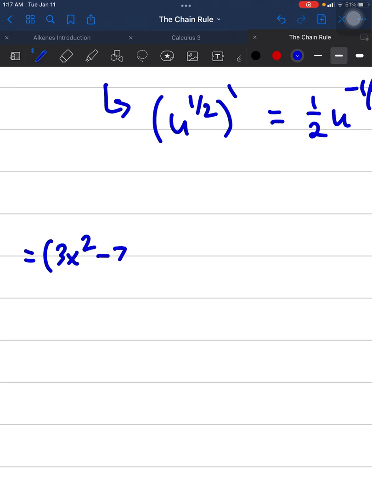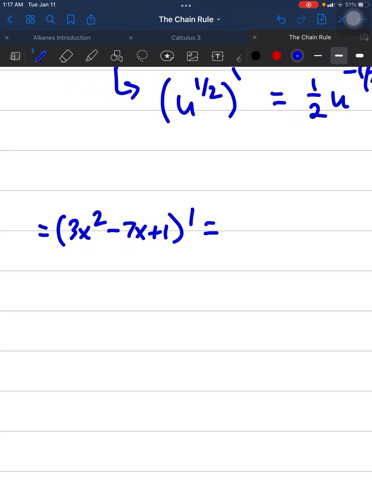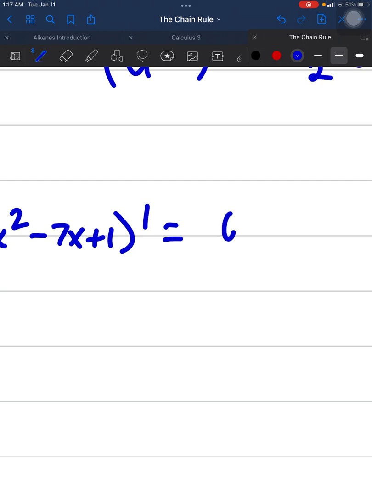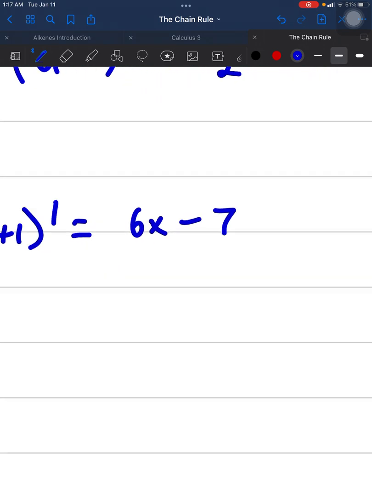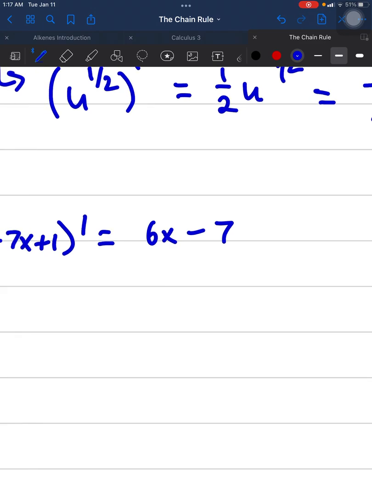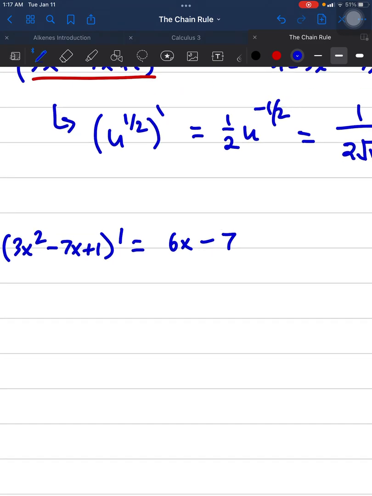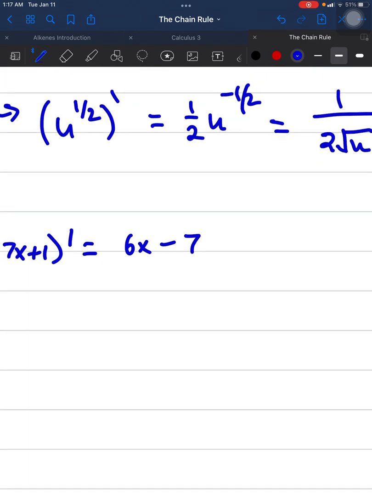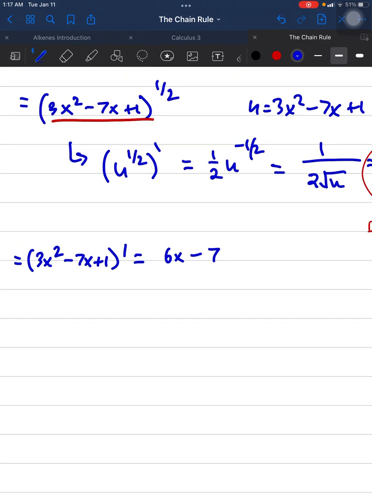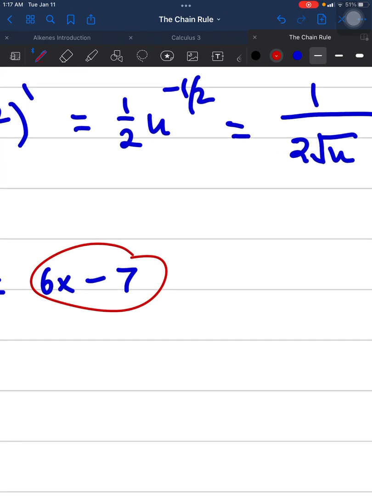So derivative of 3x squared is 6x. Derivative of negative 7x is just negative 7. Derivative of positive 1 is just 0 because it's a constant. And that's the derivative of the inside function. So we'll label that as well.